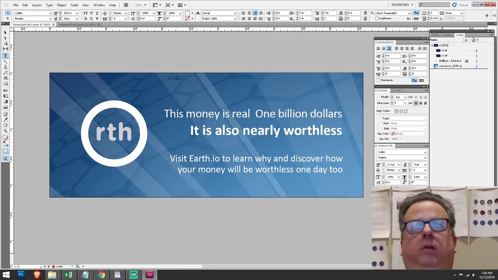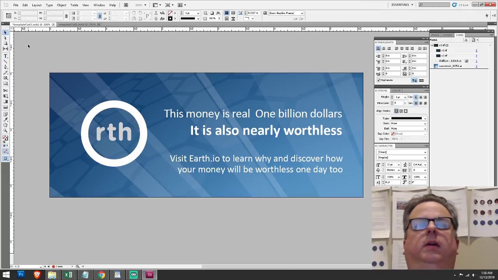This money is real, $1 billion. It is also nearly worthless. Visit earth.io to learn why and discover how your money will be worthless one day too. That's just depressing.